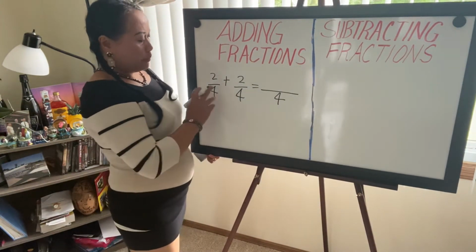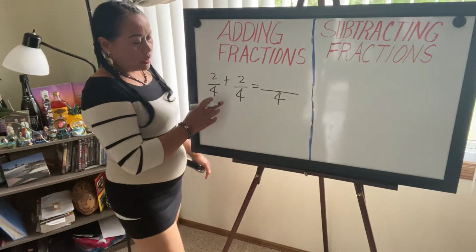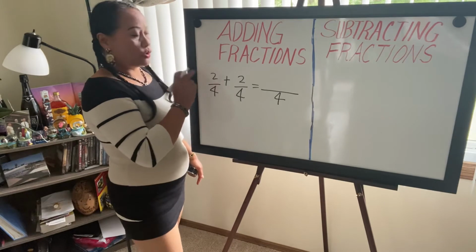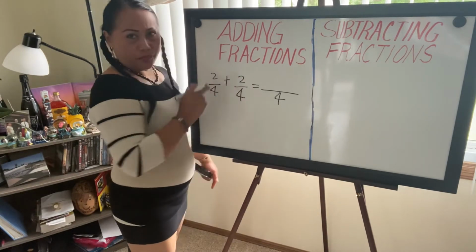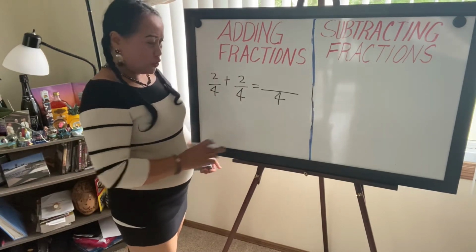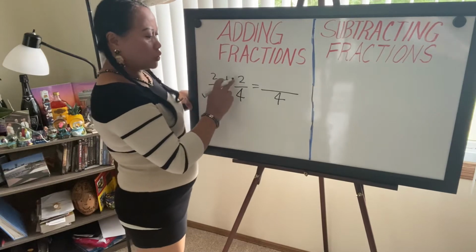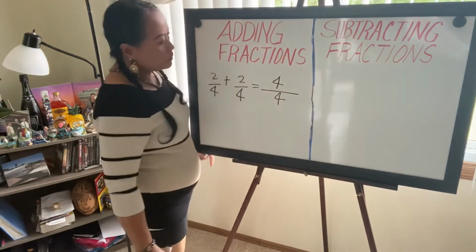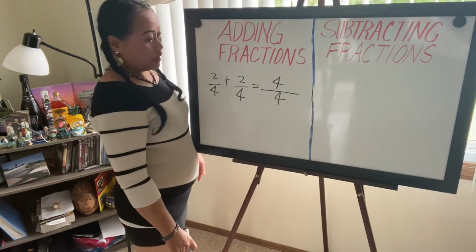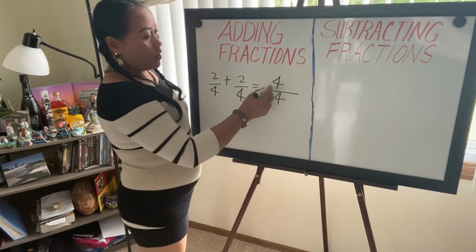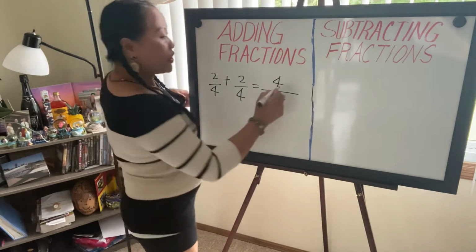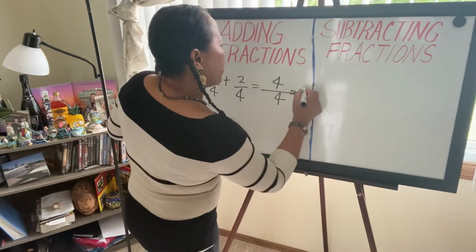If the denominators are the same, you simply add the top numbers, the numerators. So 2 plus 2 equals 4. So the answer is 4/4, or 1.